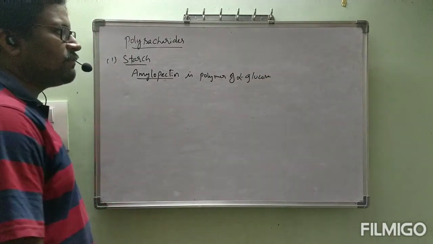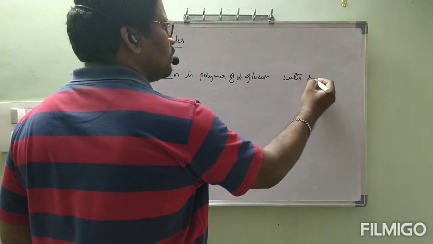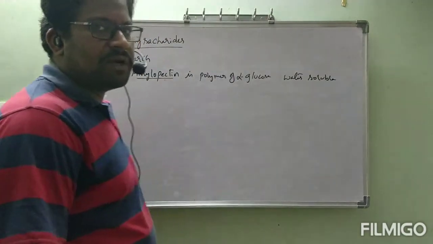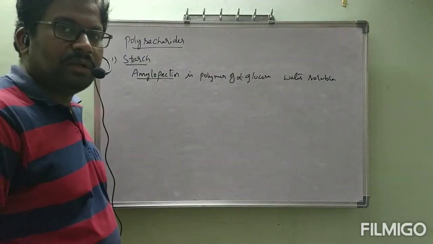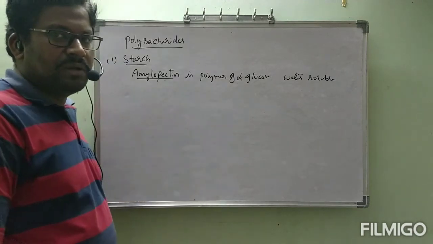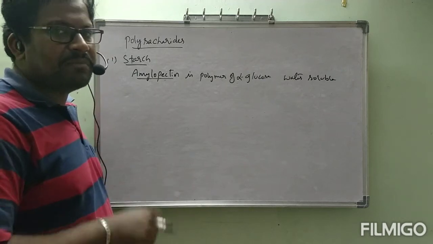Amylopectin is also a polymer of alpha glucose, water soluble, and contains 800 to 1000 alpha D glucose units. Previous one 200 units, this one 800 to 1000 units. But this is not non-branched, it contains some branches.